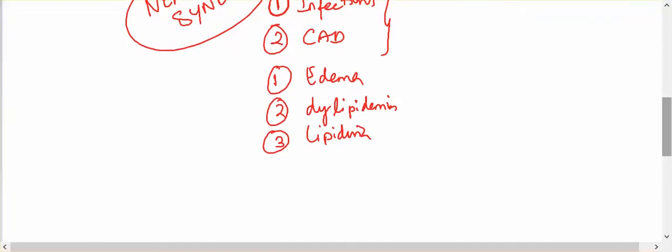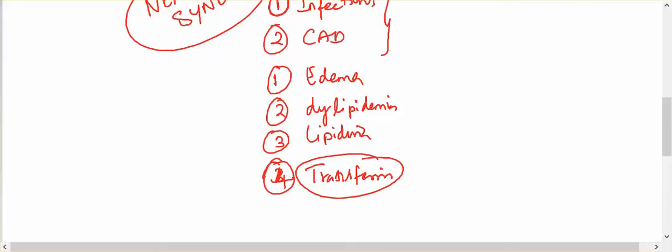Okay, during the loss there is a special protein called transferrin that is lost. Transferrin is a protein involved in iron transport. If transferrin is lost, it automatically leads to iron deficiency anemia. Actually, whenever I discuss new things, I remember.